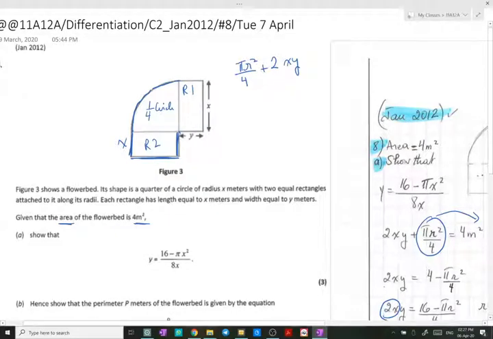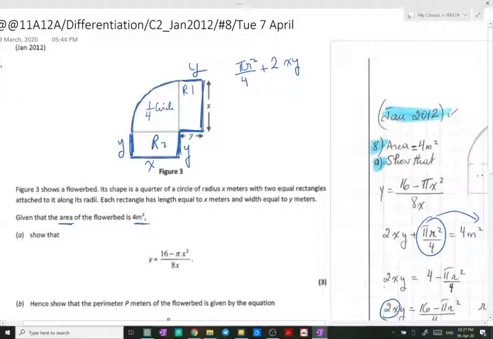So this is the y here. From this side it's a y, and this side it's an x, and this side is a y, and also this is a y, this is an x, and this is a y.